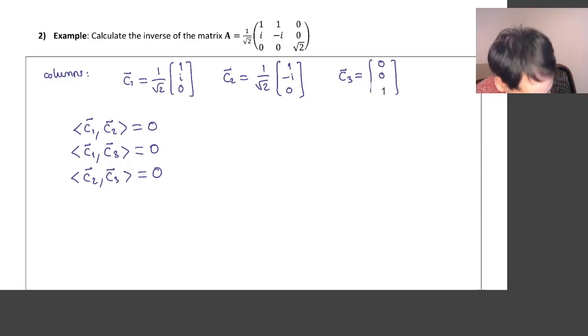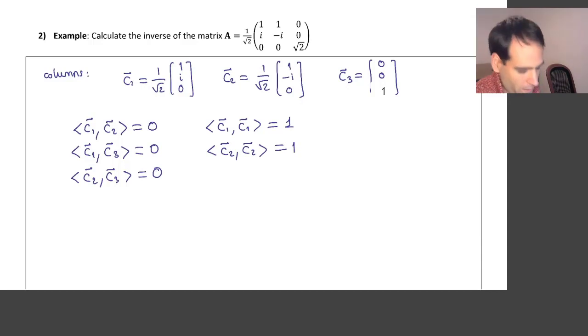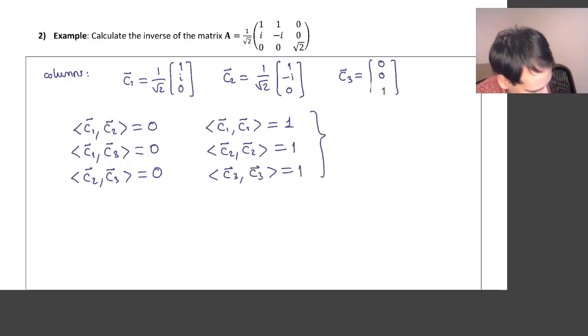But even more, the inner product of C1 with itself is equal to 1. You can check this. The inner product of C2 with itself is equal to 1, and the inner product of C3 with itself is also equal to 1. So this means that the inner product of Ci with Cj is the Kronecker delta of ij.